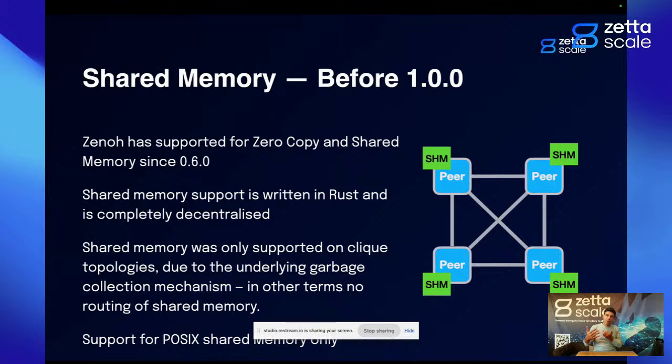Now, as soon as I allow applications or routers to route shared memory buffers, because you know that peers as well as routers can route data in Zenoh. And again, when you think of a router, don't think necessarily of a box. In a multi-domain application, I might have multiple domains that communicate between them through routers, even if we are in the same system on chip. And between domains, maybe I will want to do some shared memory.